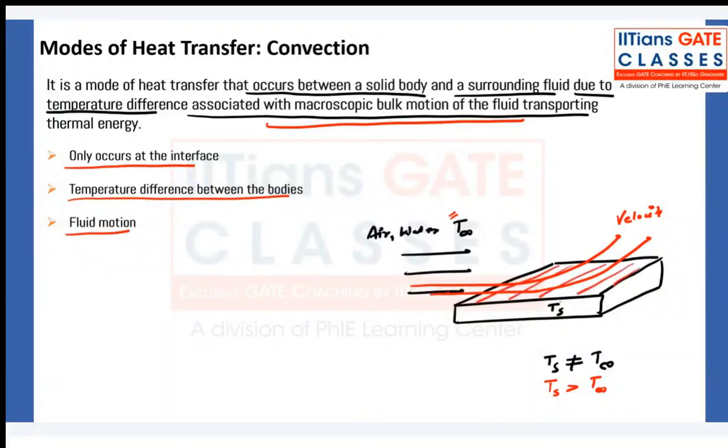Then a temperature difference must be there between the solid body and the fluid. And fluid motion must be there. These three conditions must be satisfied. Then only you can say that convection is happening. Is it clear?